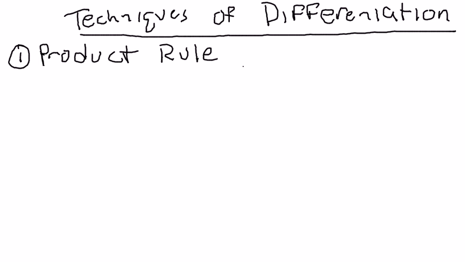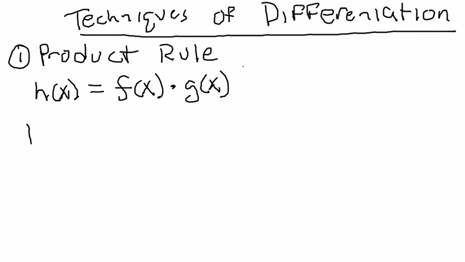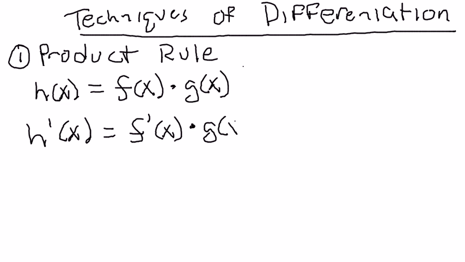So what product rule says is that if you have a function h of x, and it equals the product of two other functions, say f of x times g of x, you can find the derivative of h by finding the derivative of the first function times the second function, plus the derivative of the second function times the first function.